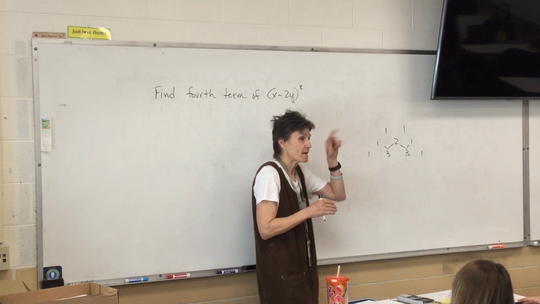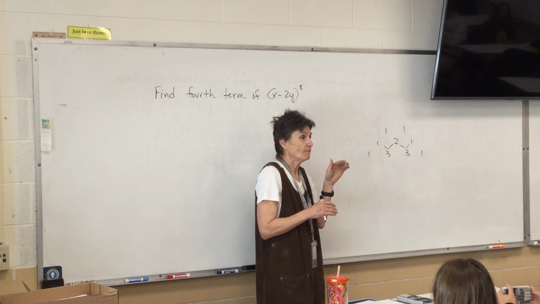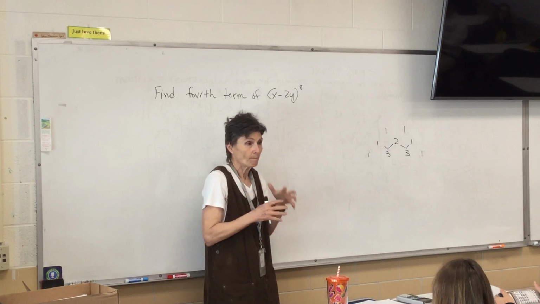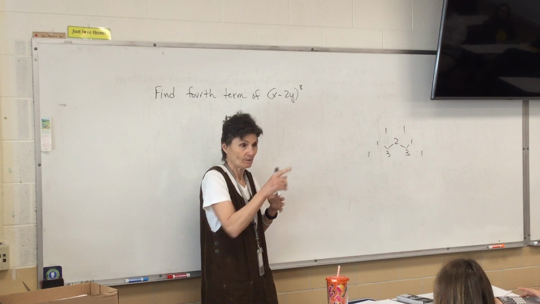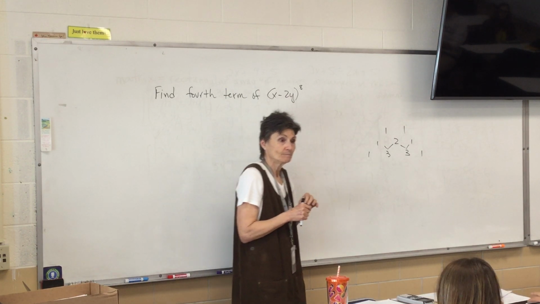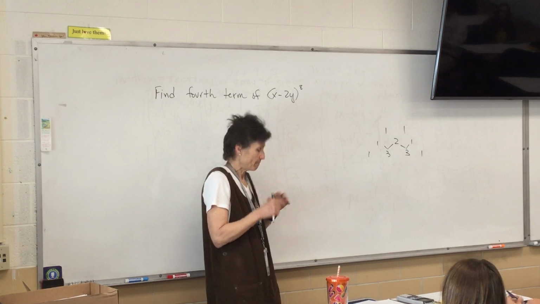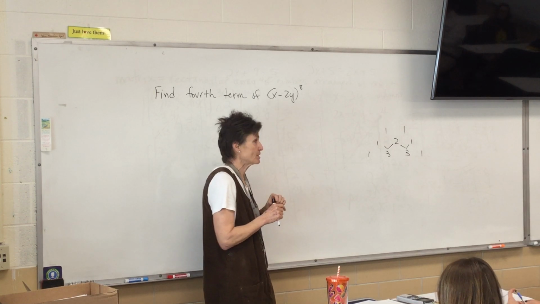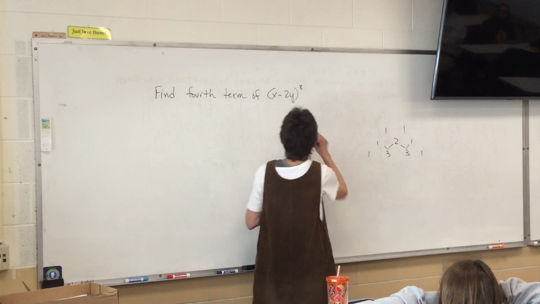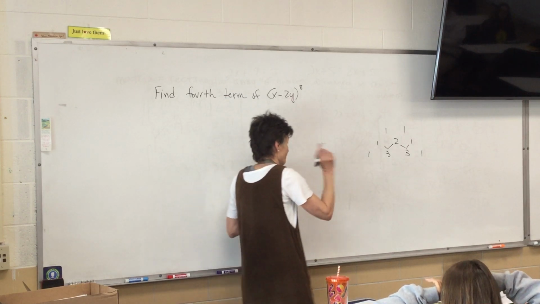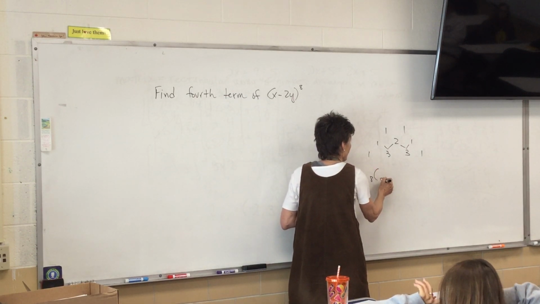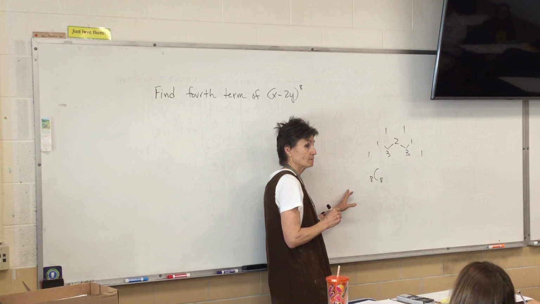Who remembers the other way we have of finding the numbers in Pascal's triangle? Yep, it's the combination numbers. So if you want the 8th row, the first number in the 8th row would be 8C8, which you can type into a calculator.